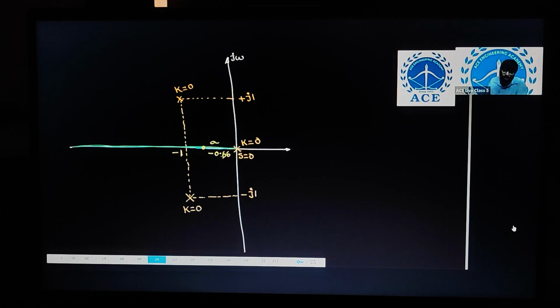Draw the angle of asymptotes. One asymptote is 60 degrees. Along 60, there exists one root locus branch, where k equal to infinity. Along 180, the same, where k equal to infinity. Along 300, one root locus branch.